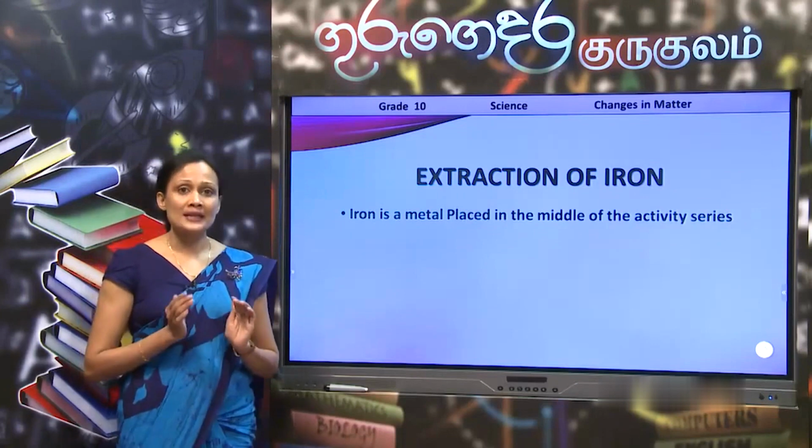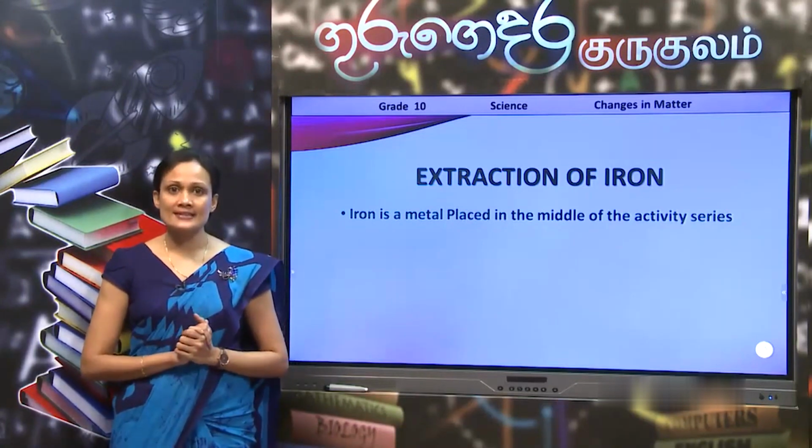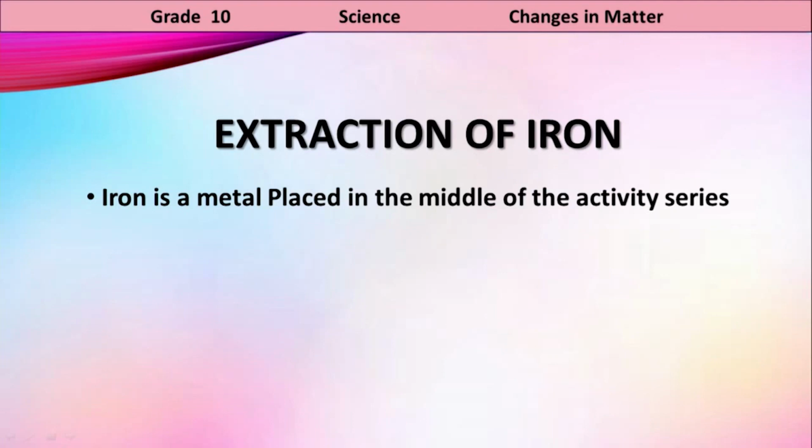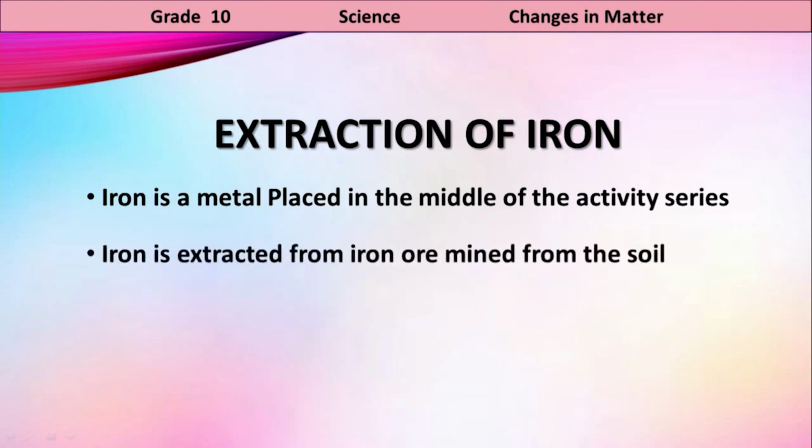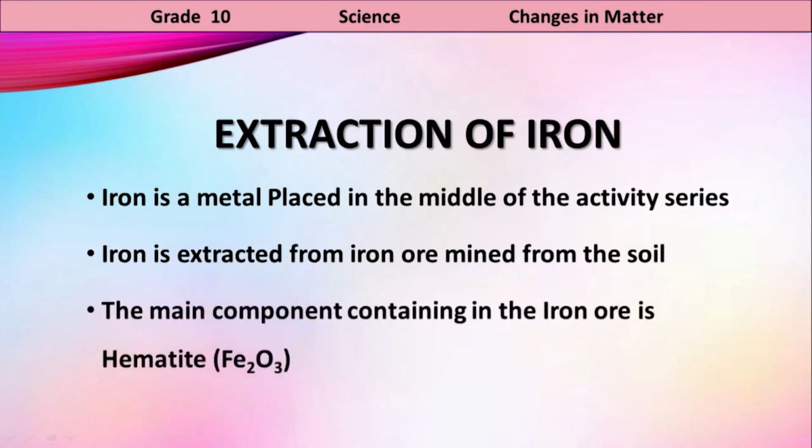Now I am going to discuss the extraction of iron. We are not going to discuss all the methods of extracting metals, but here the extraction of iron. We know iron is placed in the middle of the activity series, and if we need to extract iron, first we need to obtain iron ore. The main component present in iron ore is hematite.